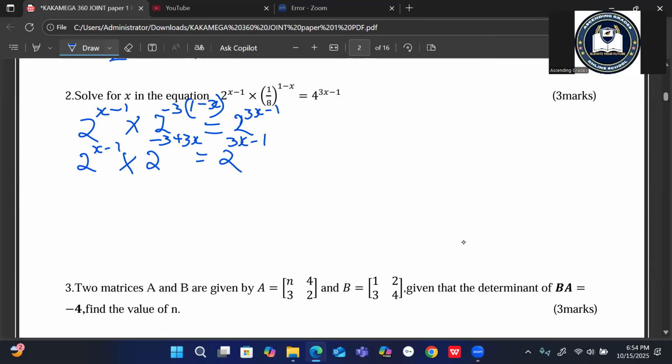Since the base is 2, which is equal, we equate the powers. So we'll have x minus 1.